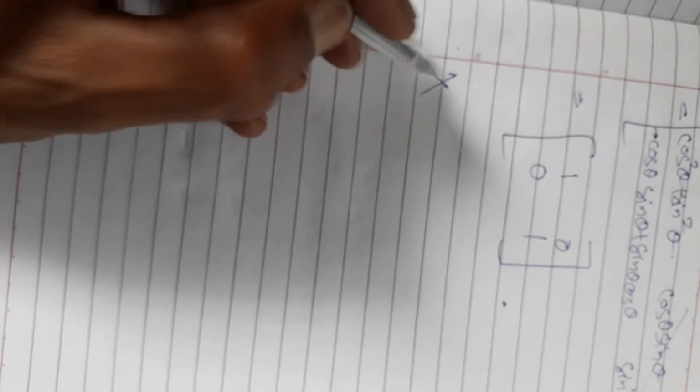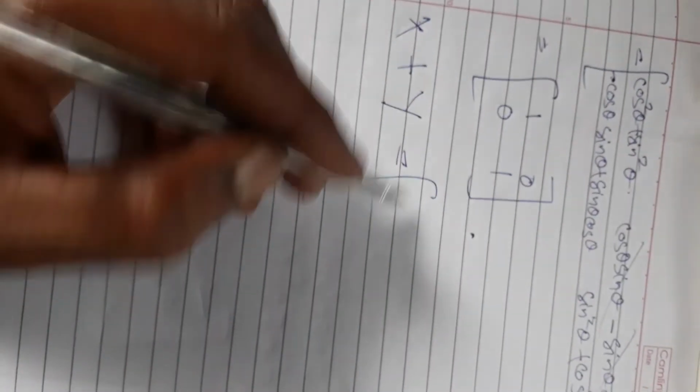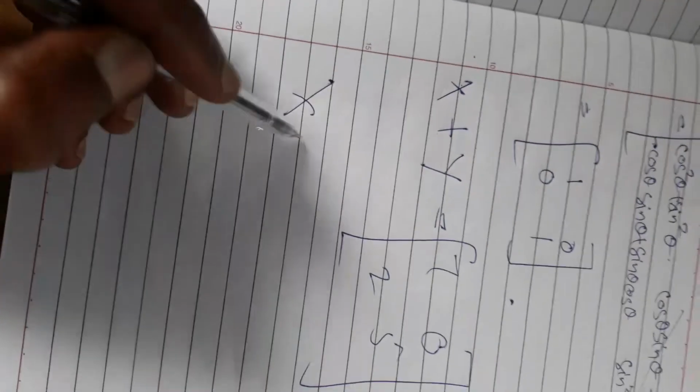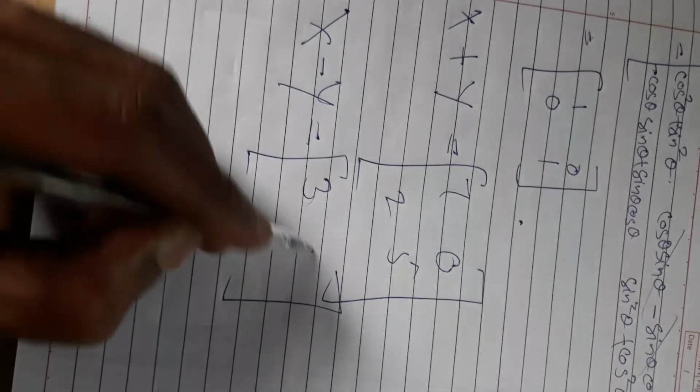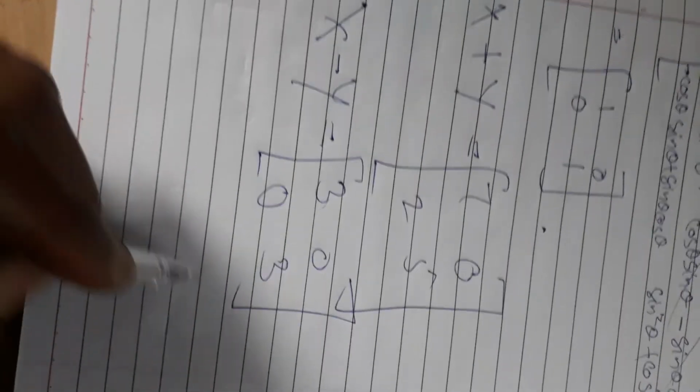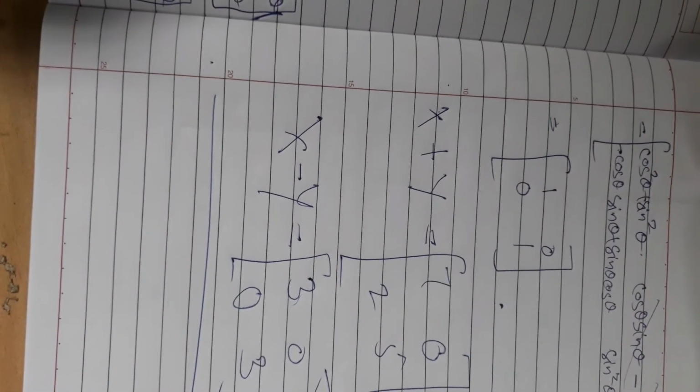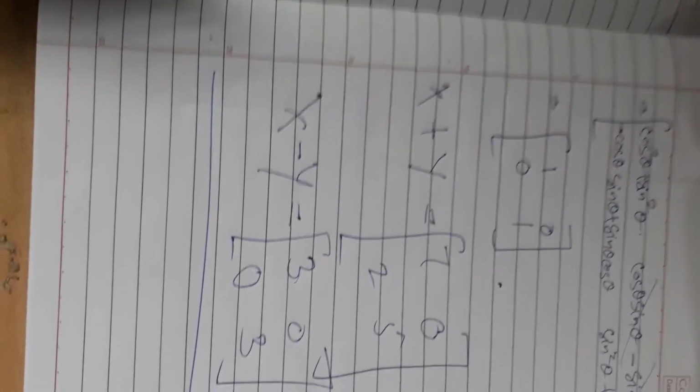So X plus Y is given to be the matrix [7 0; 2 5], and the next equation, you have to convert it as equations, X minus Y is, so that will give you [3 0; 0 3]. Now here what you are going to do is solve it as simultaneous equations.